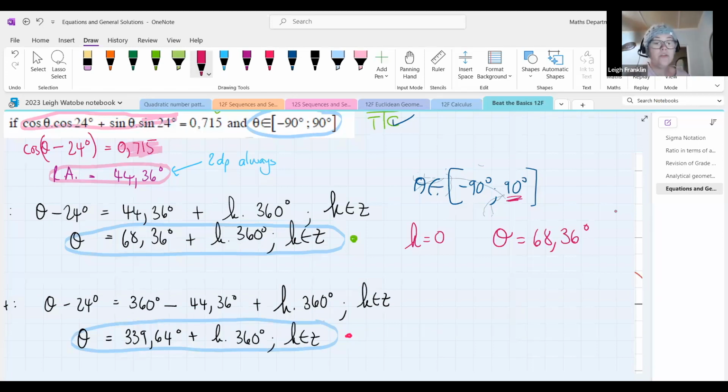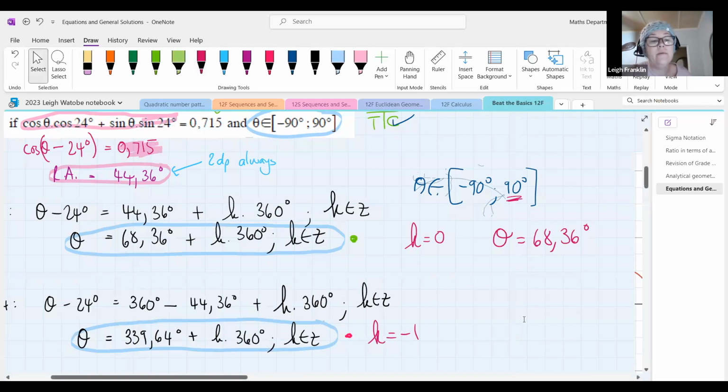So if we use 339.64, if we made K equal to negative 1, we could get another solution for theta, which would be negative 20.36.